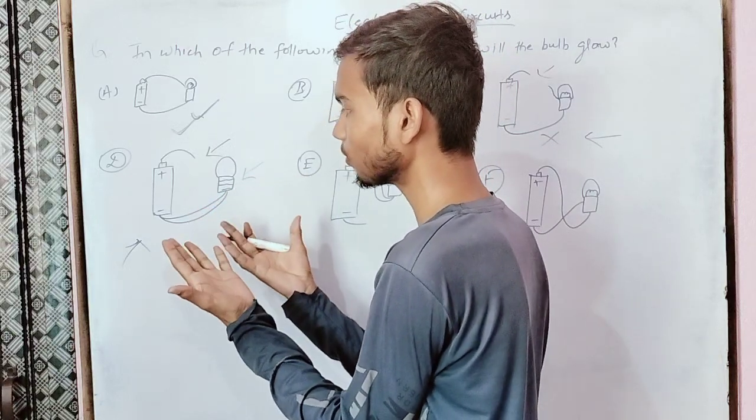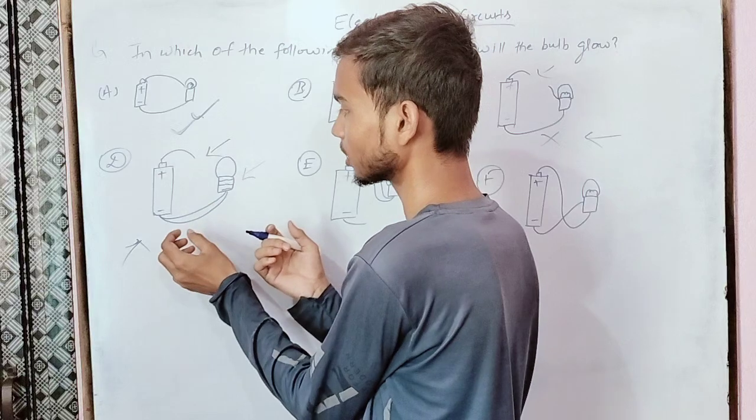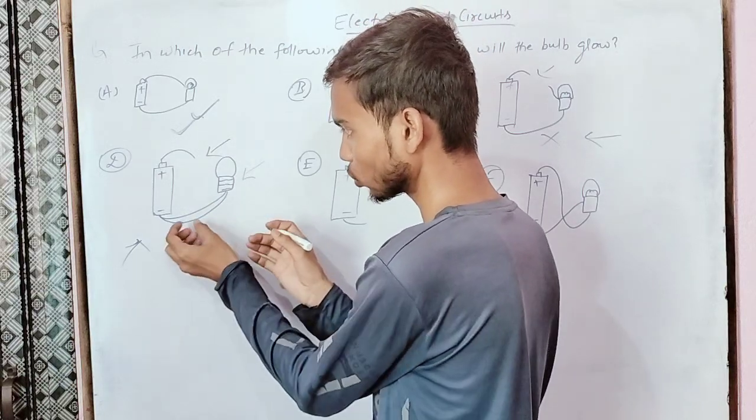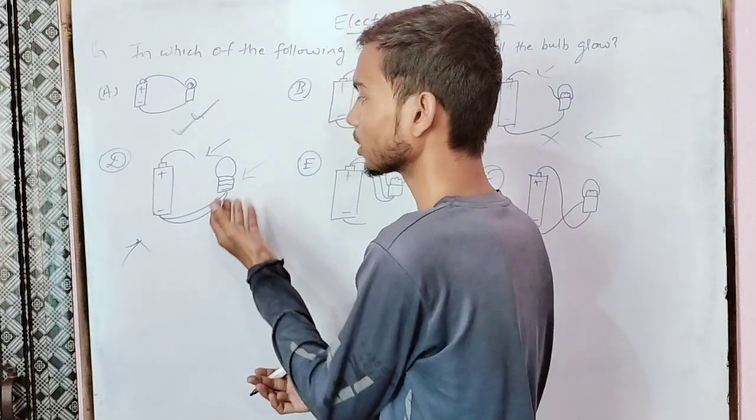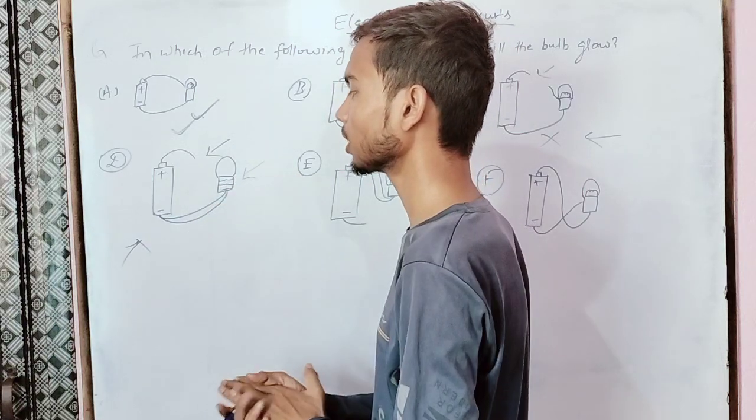So how many wires are connected? Two wires. Instead there should be one wire connected from one terminal of the electric cell to one terminal of the electric bulb.